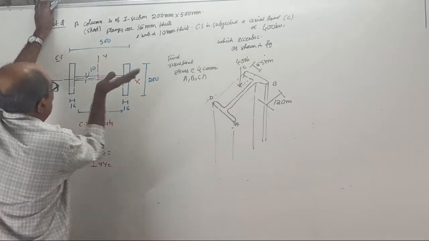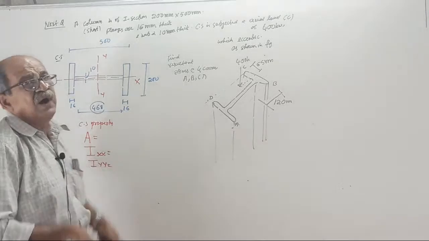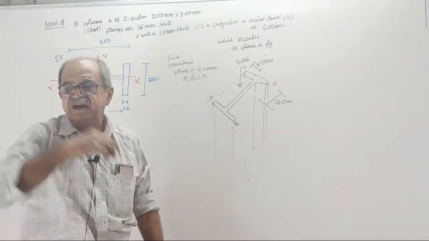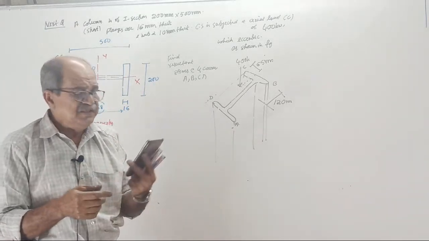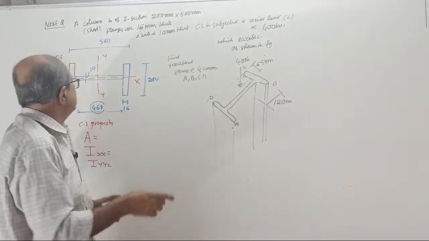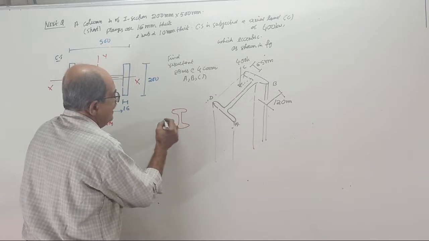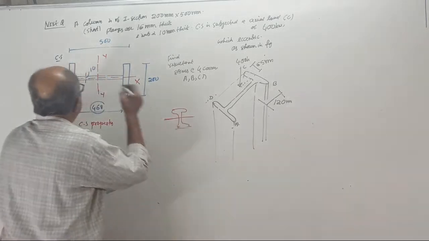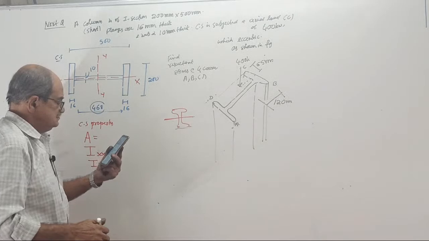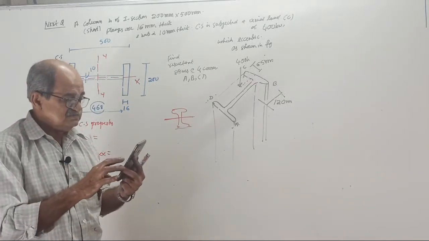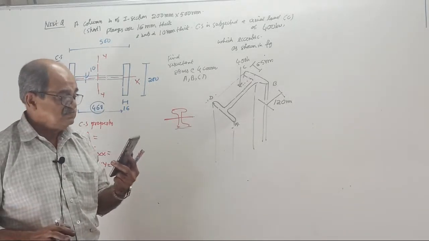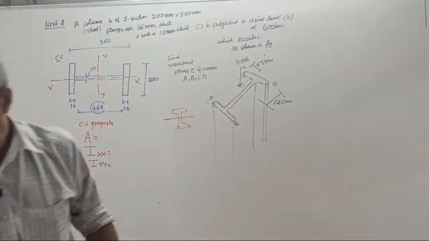When I do I about x-x, it is equal to I-y-y in the usual calculation. Clear or not? Deliberately I have given it this way. You know some shortcuts for this I section. How you find x-x, that way you have to find y-y here. Clear or not? Clear. Okay.